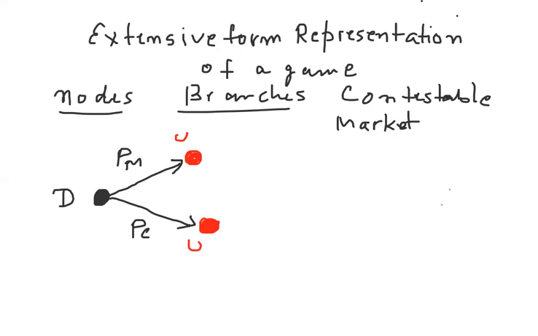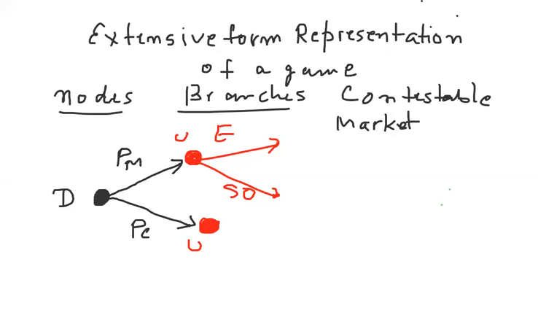Let's say United can enter and undercut Delta's fare. That's one strategy. Or United could stay out, meaning it doesn't fly on this route where Delta is flying.